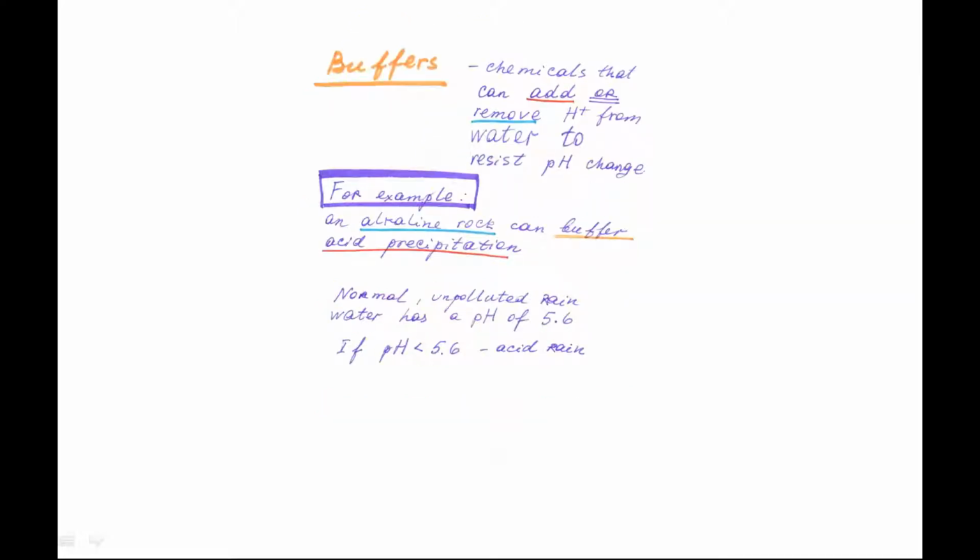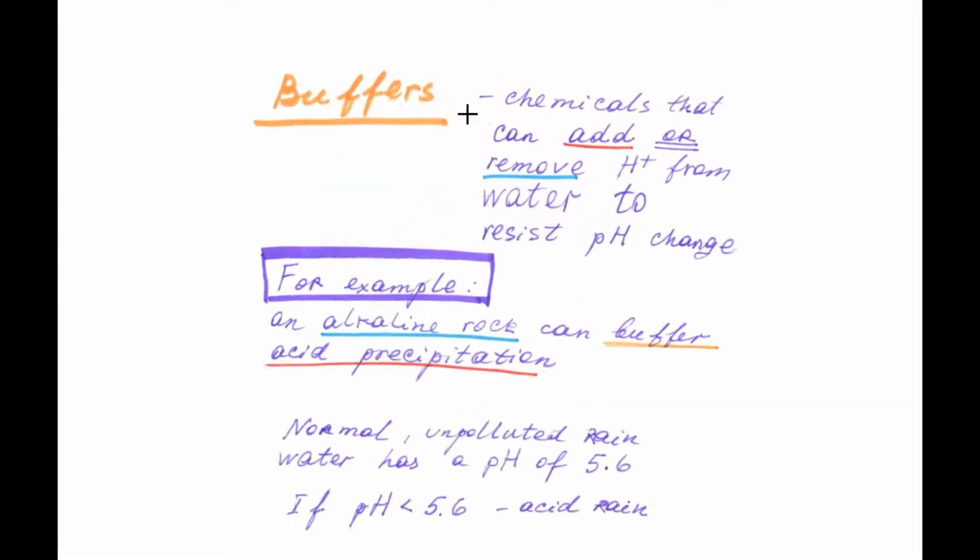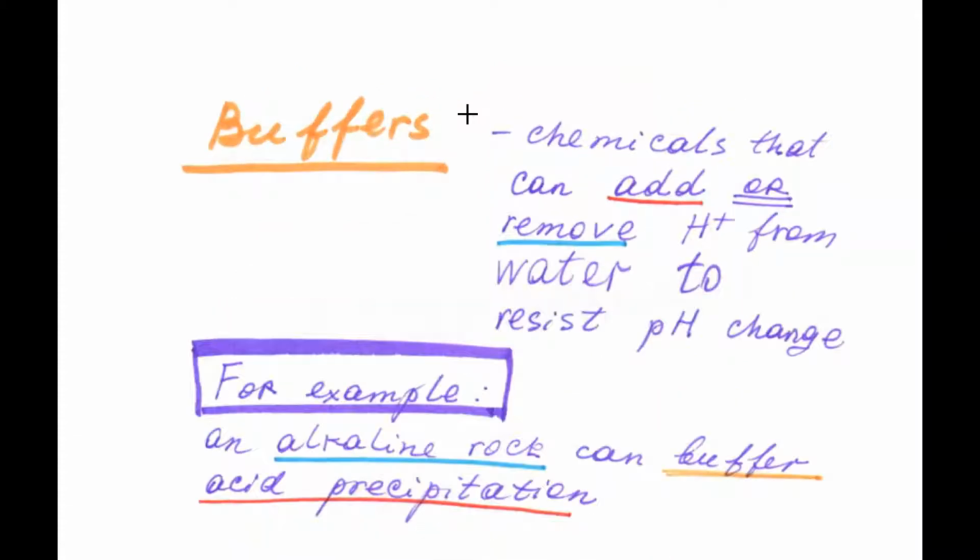So let's continue. So this slide introduces us to an idea of buffers. The definition of buffers is over here. So let's take a look. As you can see, buffers are chemicals that can either add or remove hydrogen ions from water to resist pH change, right?